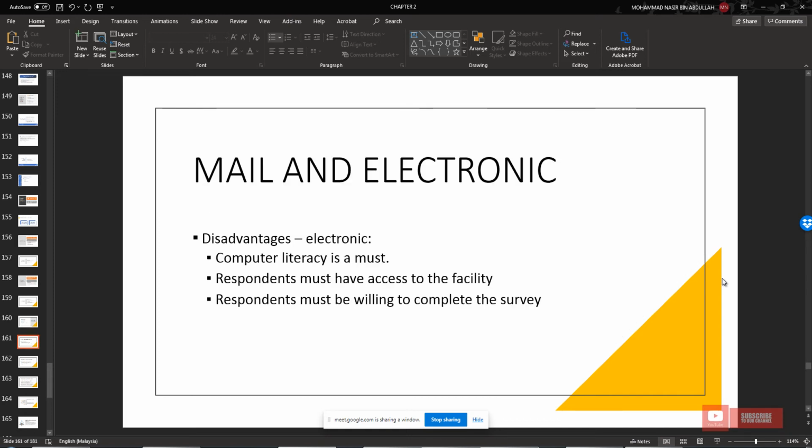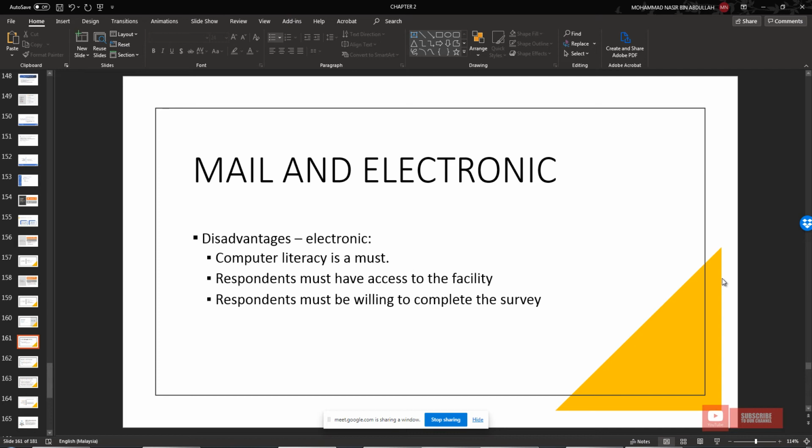But the disadvantage is computer literacy is a must. So you cannot reach a certain age, right? For example, very old age, who are not very good at computers, not very good at electronic devices, so you're going to miss out that kind of respondents. So respondents must have access to the facilities.